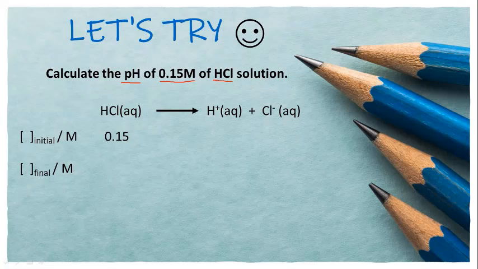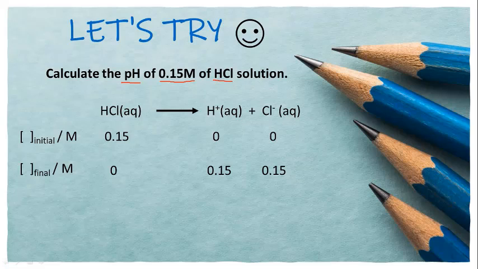And the concentration for proton and chloride ion are both 0 because initially they are not produced yet. For final concentration, since HCl is a strong acid and completely dissociated, the final concentration for HCl is 0, and concentration for proton and chloride ion are the same as the initial concentration of HCl, which is 0.15.